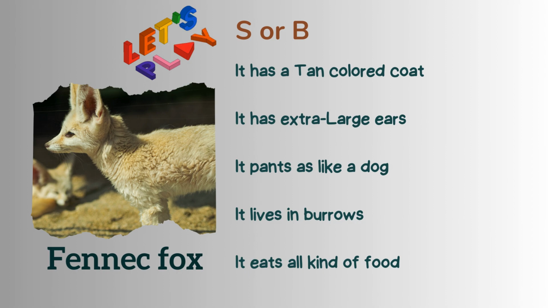We have S, which refers to structural adaptation, and B, which refers to behavioral adaptation. I will tell you some information about the fennec fox, and you will tell me if this information or change is a structural adaptation or a behavioral adaptation. So let's start our game.